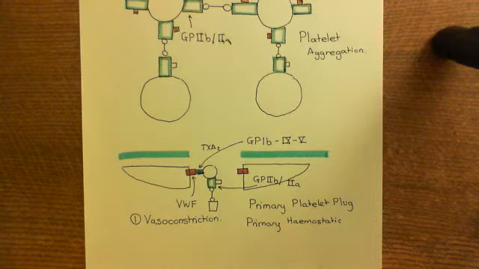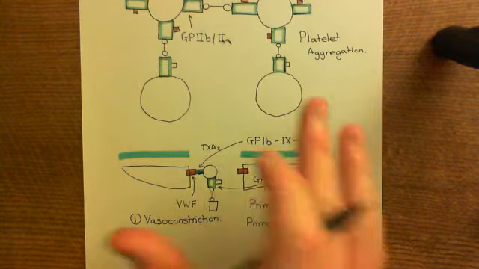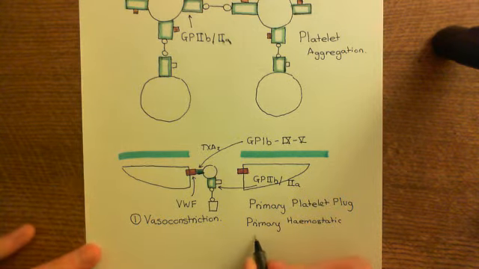People talk about being on a drug to stop their blood clotting, but it's not clear whether they're talking about hemostasis, the formation of this physiologically, or thrombosis, the formation of this pathologically. So people try to get you to avoid using the terminology blood clot. But it's so pervasive in society that you will hear people refer to this as a primary blood clot. So primary hemostatic plug is its proper name.